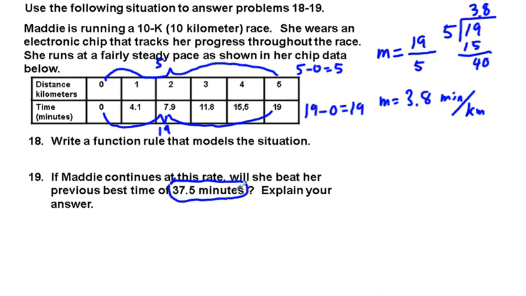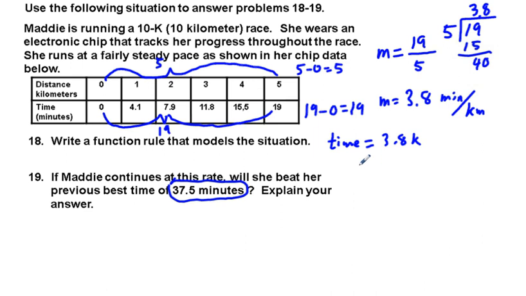Anyway, let's go look at this. Write a function rule that models the situation. We want to find out the time. So time is going to be equal to 3.8 times the kilometers.